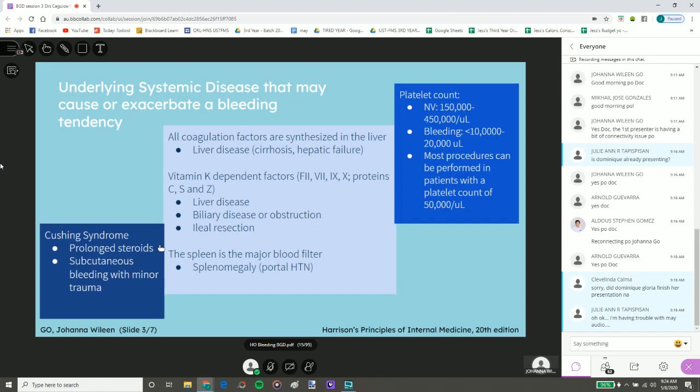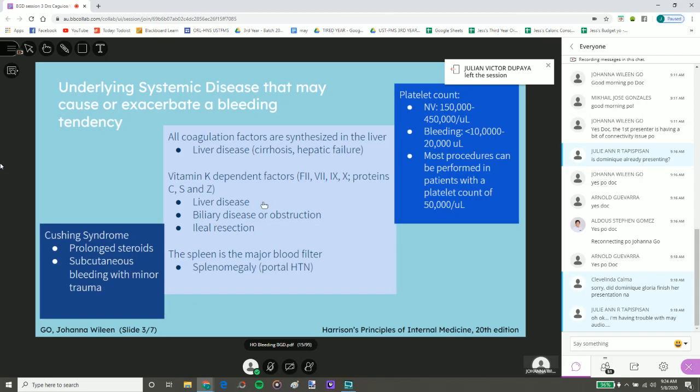We also know that vitamin K is important for certain factors, specifically factors 2, 7, 9, and 10, and also the proteins C, S, and Z. So anything that could interfere with this post-translational modification of vitamin K would put the patient at increased risk for bleeding.